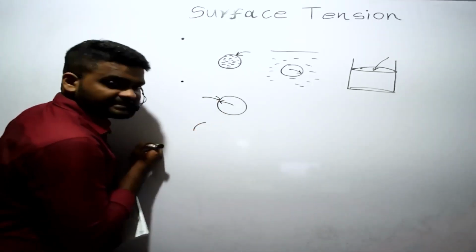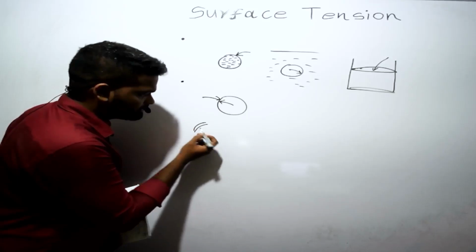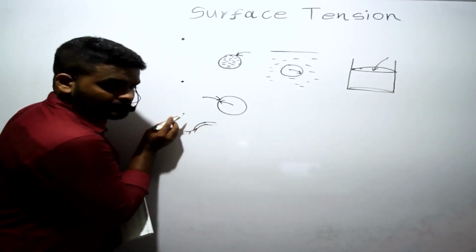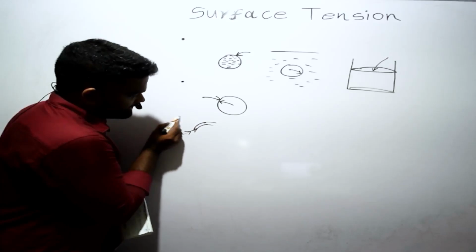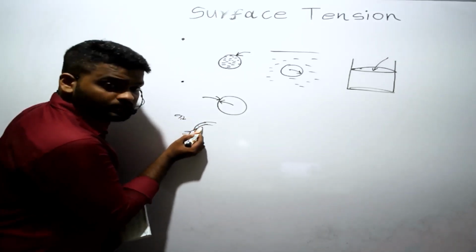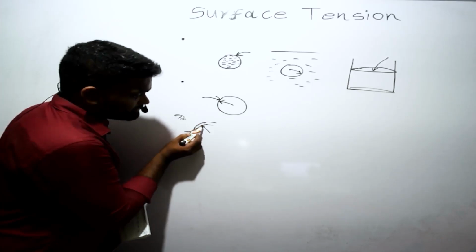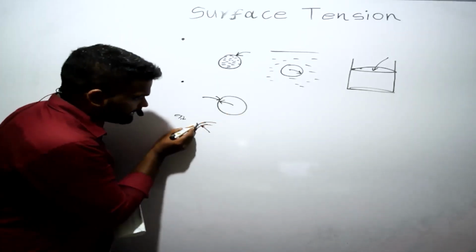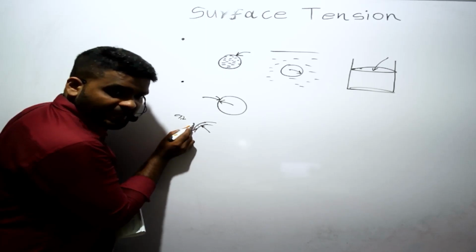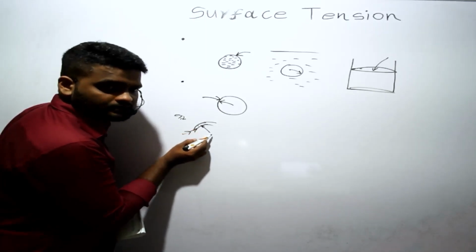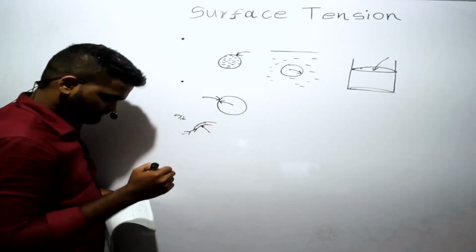When you consider the surface, it is made of a liquid. So there is air here, then liquid, again you have liquid and air. These are like interfaces. Here you go from air to liquid, then again from liquid to air. So there are two surfaces.